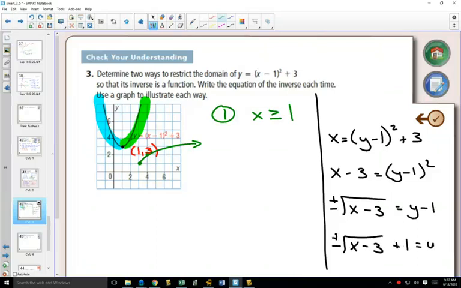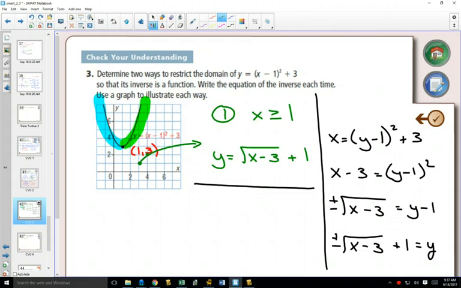Add 1 to both sides, and I'm going to add that 1 to the end, y plus 1. That gives 2 equations, one with a plus, one with a minus. Can you see that on our green one here, we would have the plus 1, the positive 1, because our square root graph has been moved 3 to the right and 1 up.